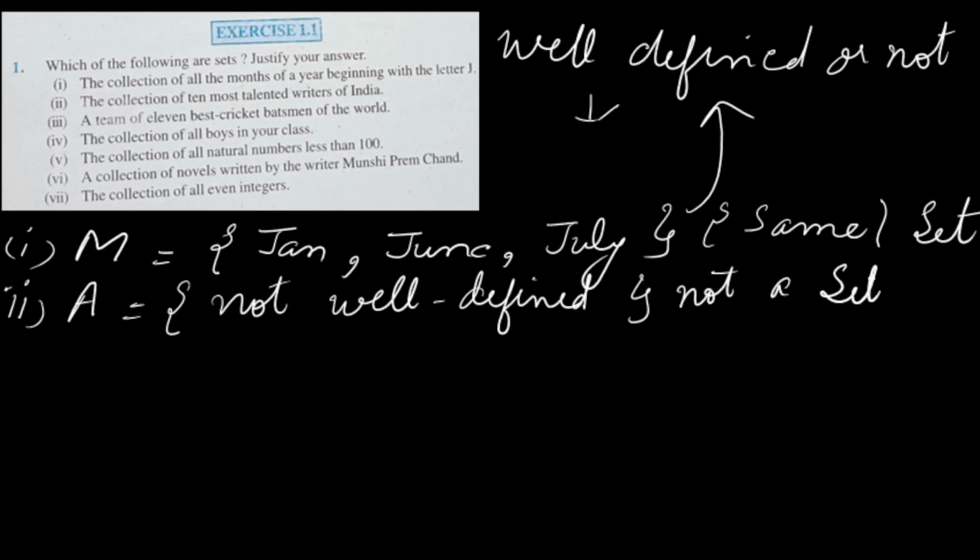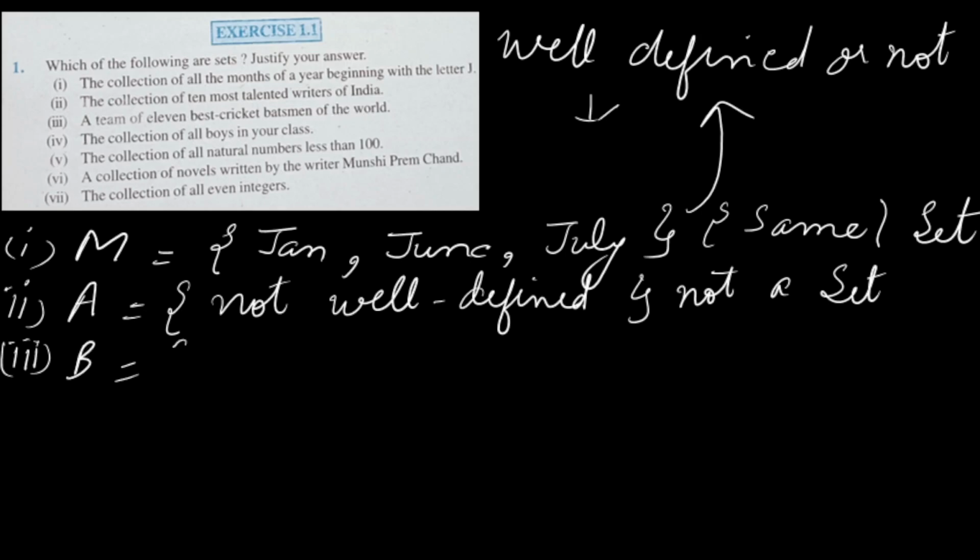So basically, you just have to imagine, if you're asking this question from different persons, are you getting the same answer? So here we will not get same answer, because according to different persons, most talented writers will be different. Then third one, a team of 11 best cricket batsmen of the world.